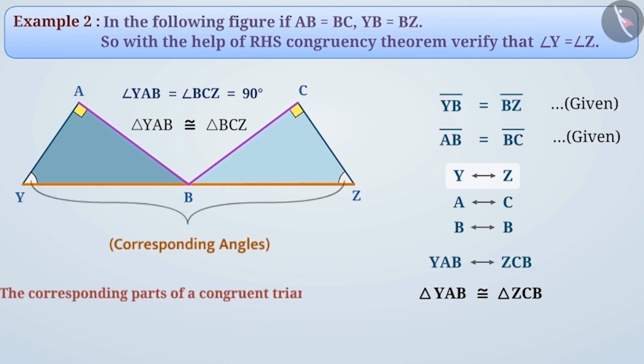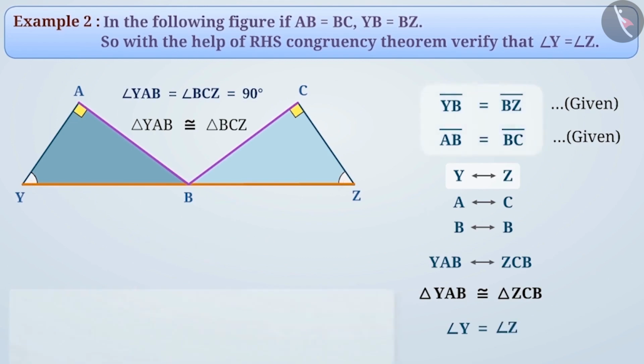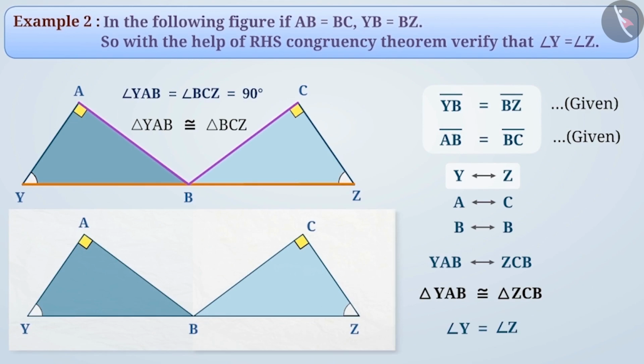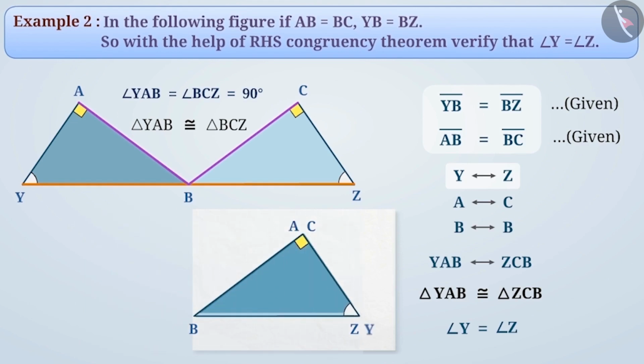Since the corresponding parts of congruent triangles are equal, therefore, we can say that angle Y is equal to angle Z. If we trace this shape on the trace paper and fold it on its width in such a way that the fold passes through point B, that is, place triangle YAB on triangle BCZ, then we can see that angle Y fully covers angle Z, verifying that the measurements of both are equal.